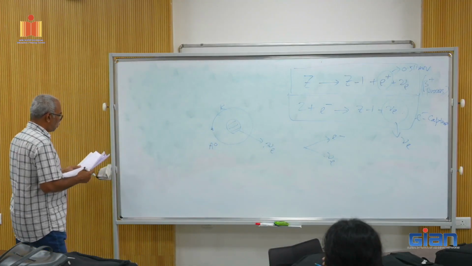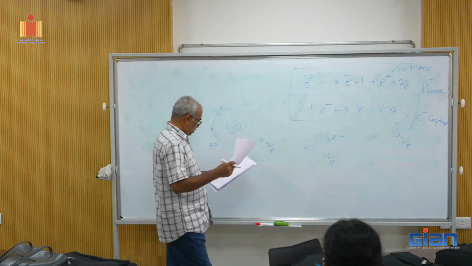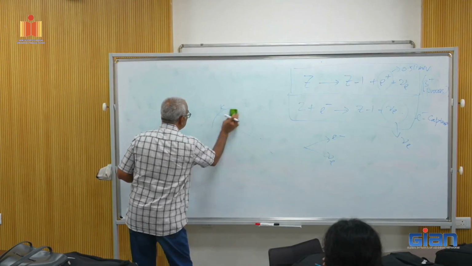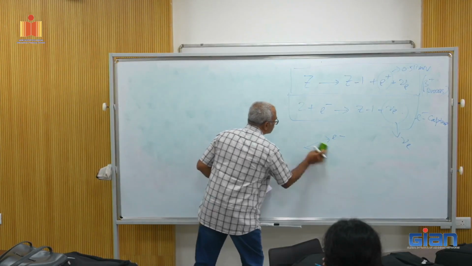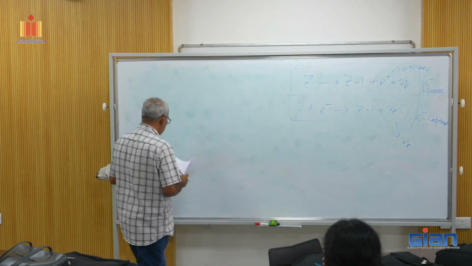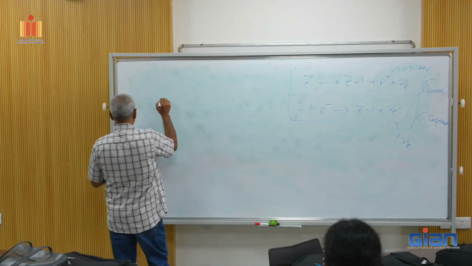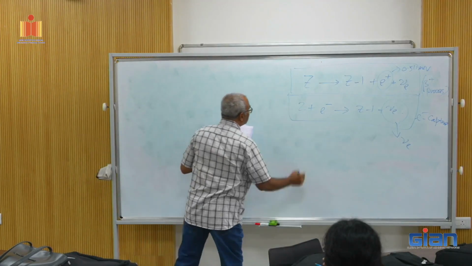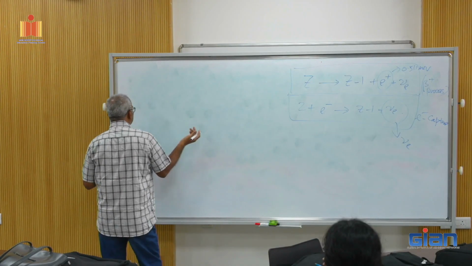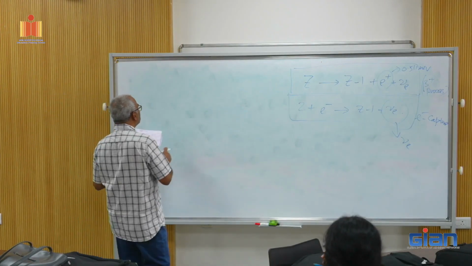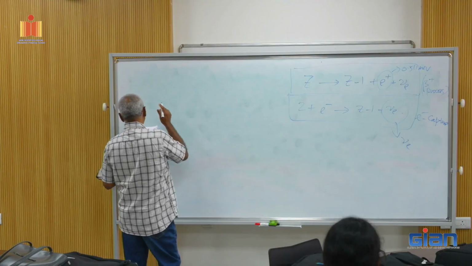Okay, so one process in which you have gamma emission is whenever a cobalt-60 decays. Gamma emission can take place whenever there is some charged particle emitted, let's say alpha, most likely beta, then it will be accompanied by some kind of gamma radiation.